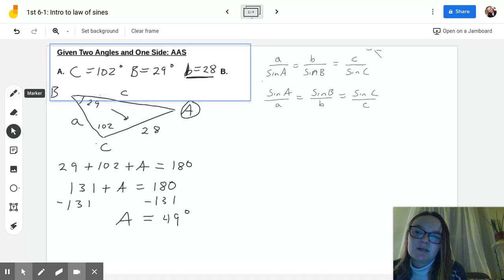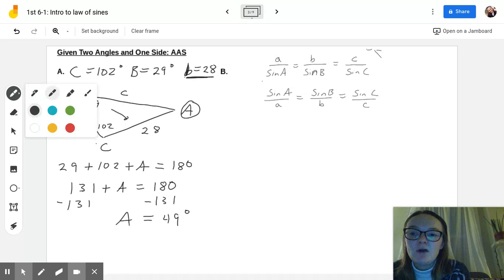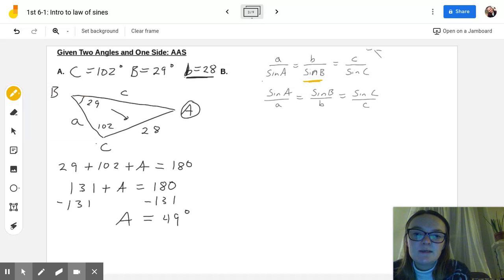That happens right here at B. I know angle B is 29, and I know that side B is 28. So in my law of sines, I know that side B is 28, and the sine of B is going to be the sine of 29 degrees.